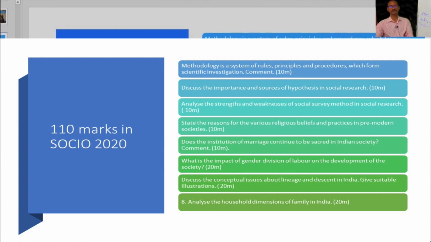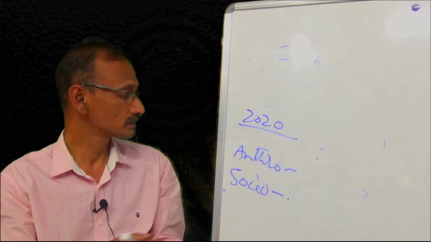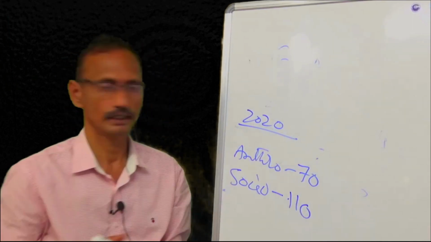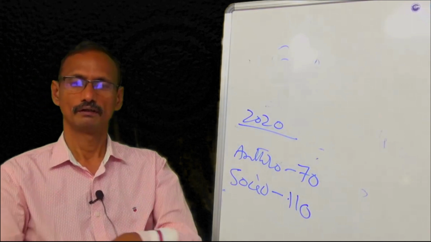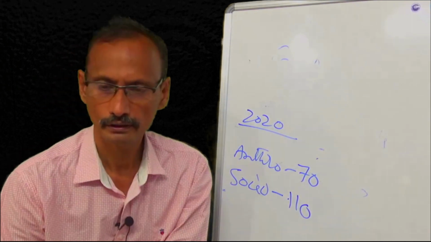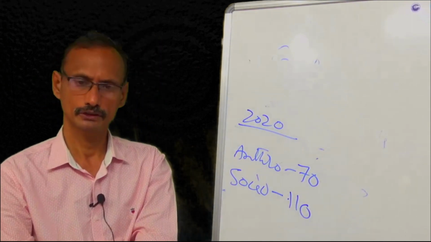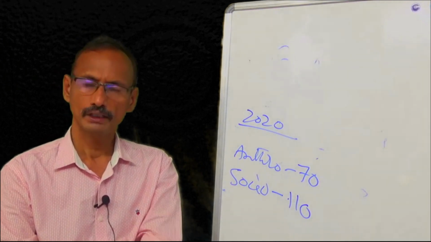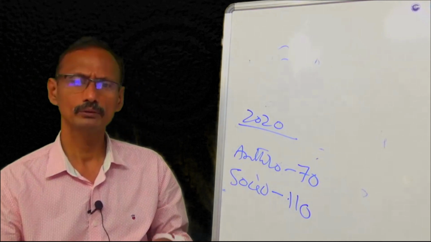So covering 110 marks in sociology and 70 marks in anthropology is, I think, a very impressive achievement. But here one can ask, how can a small book do so much?